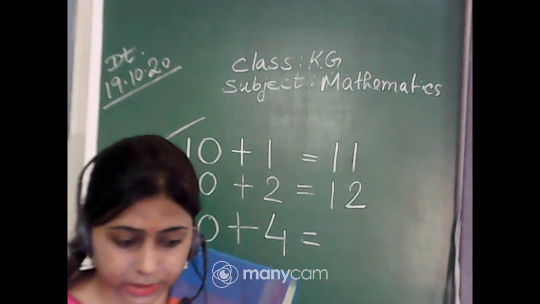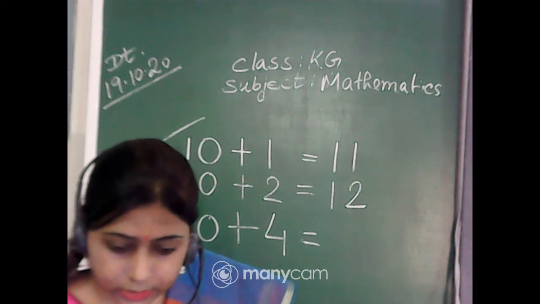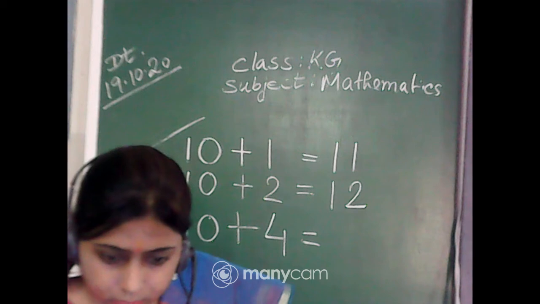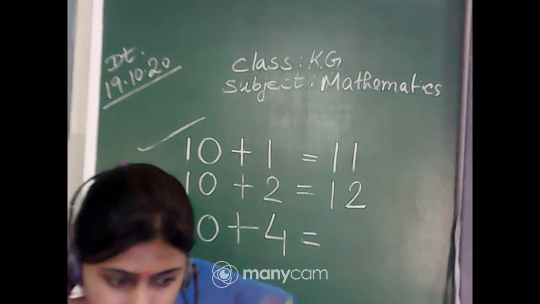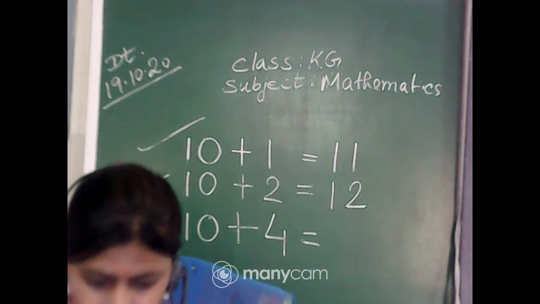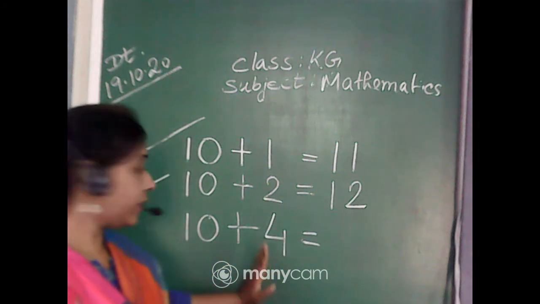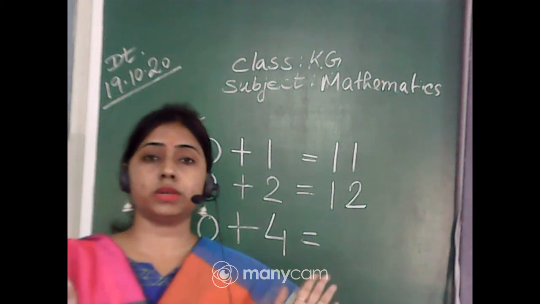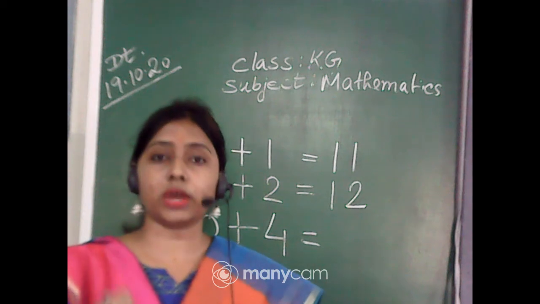I'm just repeating what I am telling today. If I am adding 10 plus 1, 2 or anything, how do you count with your fingers? So 10 plus 4, which was the smallest number? 4.